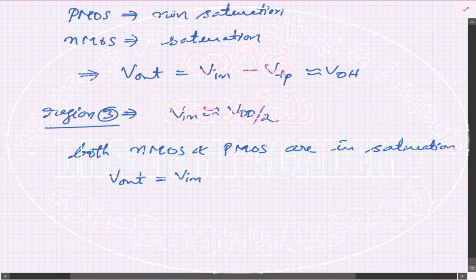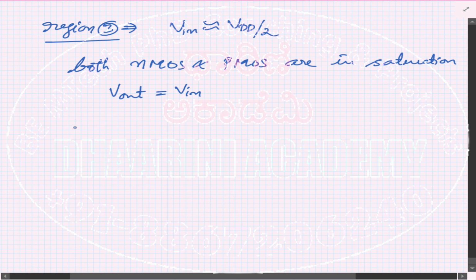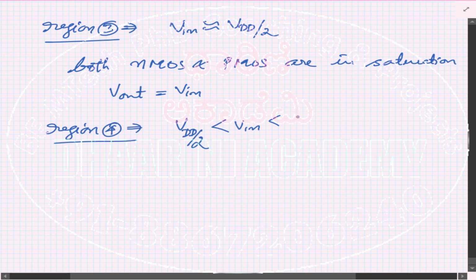Then moving ahead, we have region number 4 as per the graph. The condition is that VDD by 2 should be lesser than Vin, lesser than VDD minus VTP.